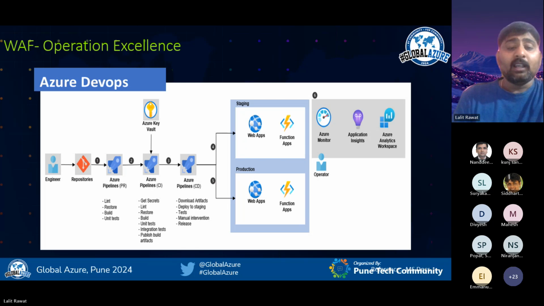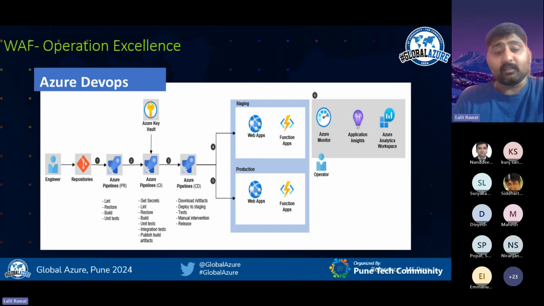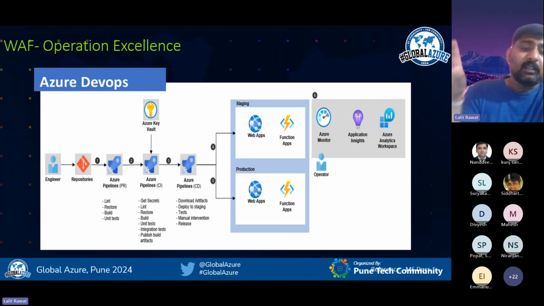Once your pipeline is done, you fetch the credentials from Key Vault, right? It will take the secrets to build, run unit tests, integration or publish testing, build artifacts and other stuff. Once that is done, you'll use your Azure pipeline CD, right?